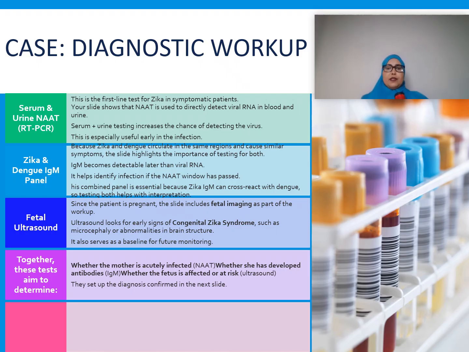The slide shows that the NAAT is used to directly detect the virus RNA. Serum and urine testing increases the chance of detecting the virus. This is especially useful early in the infection.